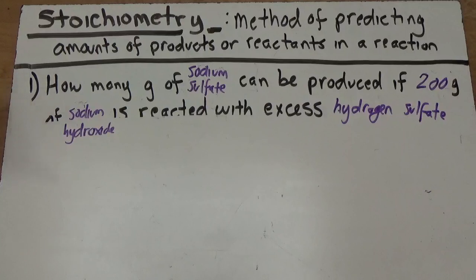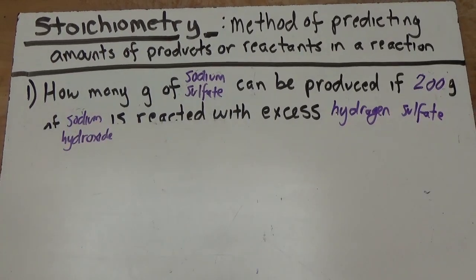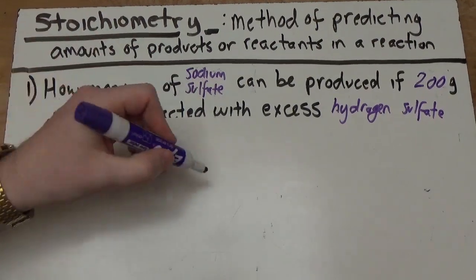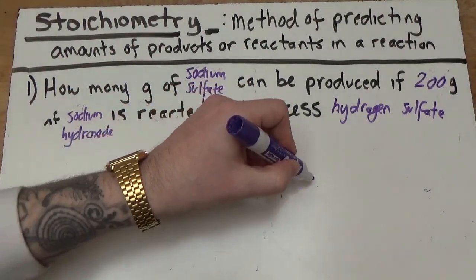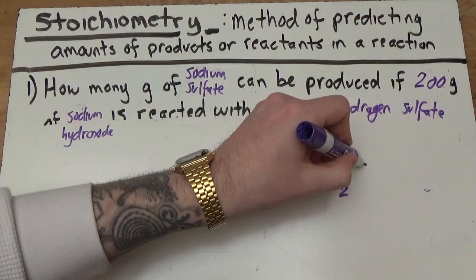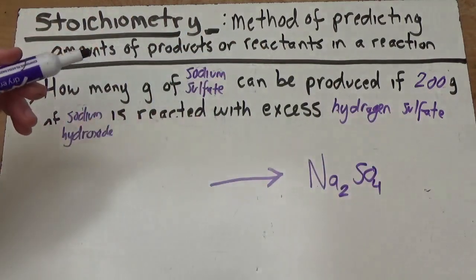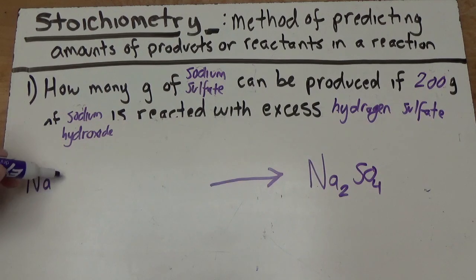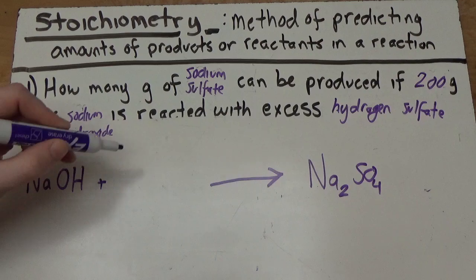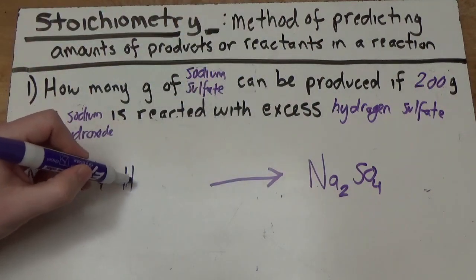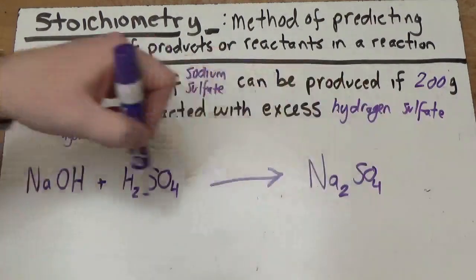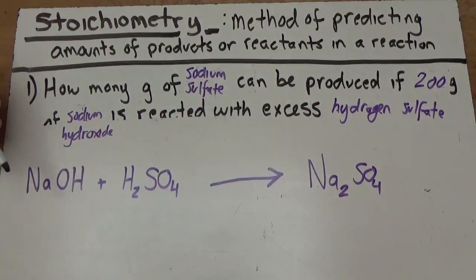Now, with this problem, again, step 1 is always write out the formula, write out the reaction, and balance it. Sodium sulfate is being produced, so it will be on this side of my reaction. And the reactants are sodium hydroxide and hydrogen sulfate. Now, there is nothing else that the problem states, but we know that we have to make sure that this problem is balanced.